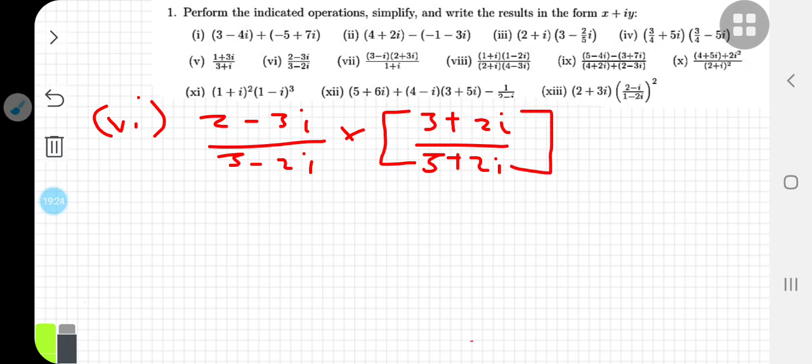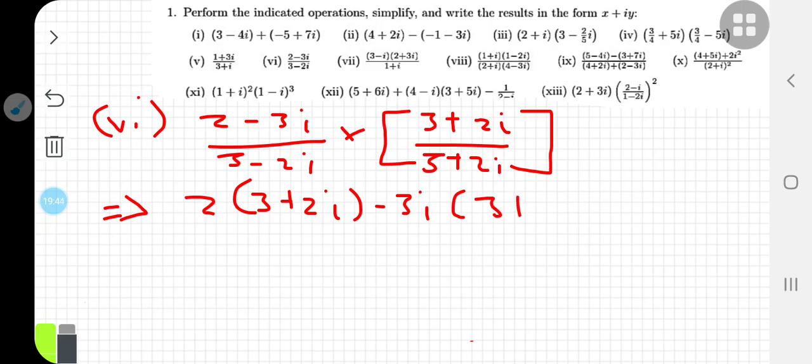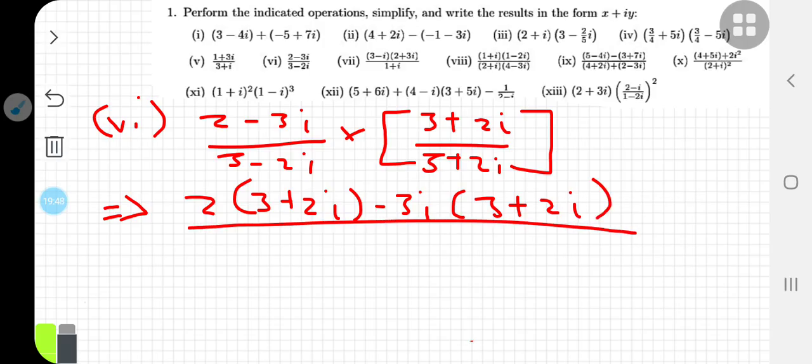So on top we're going to do the multiplication. So it's going to be 2 multiplied with 3 plus 2i, minus 3i also multiplied with 3 plus 2i, over, they're just going to give me 9 minus 4i squared.